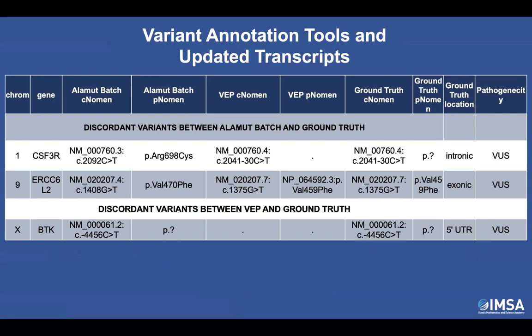So of the 3 discordant SNVs, Alamut Batch called one variant in the CSF3R gene as exonic instead of it being intronic as indicated by the ground truth. So this difference in region can potentially be severe, resulting in an incorrect diagnosis of the patient's condition.